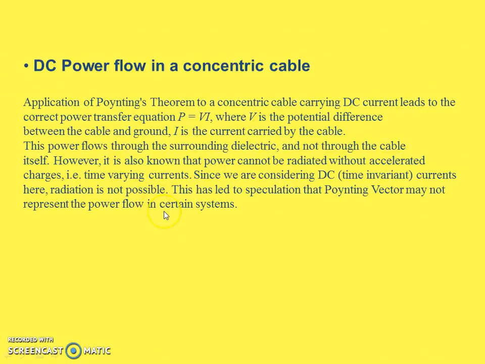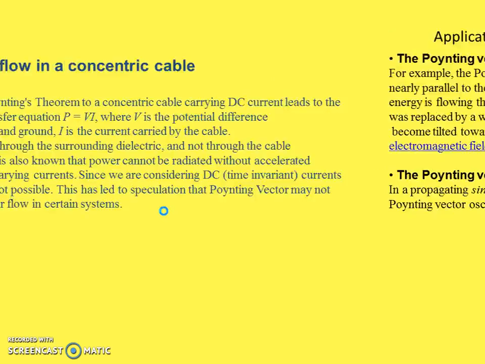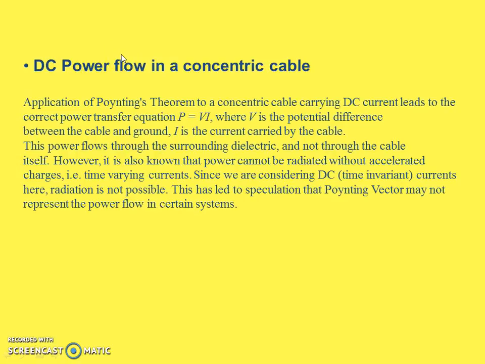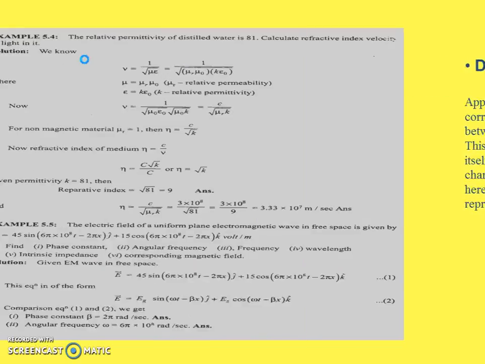One very important aspect of the Poynting theorem is that it is not applicable for a constant field. That means if there is a constant field, we cannot define the Poynting vector.